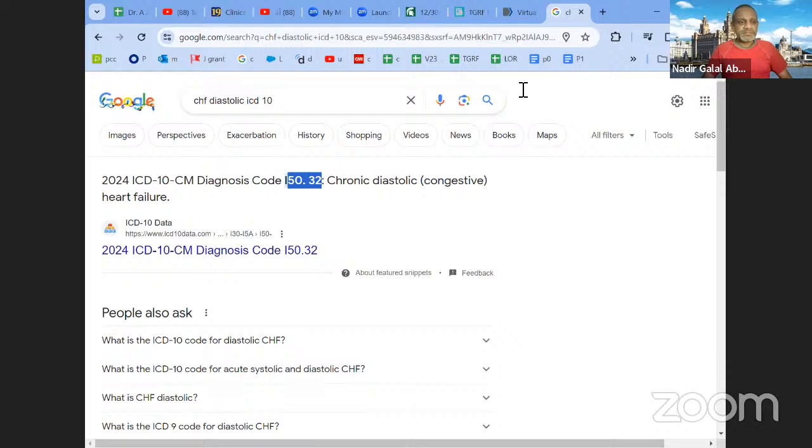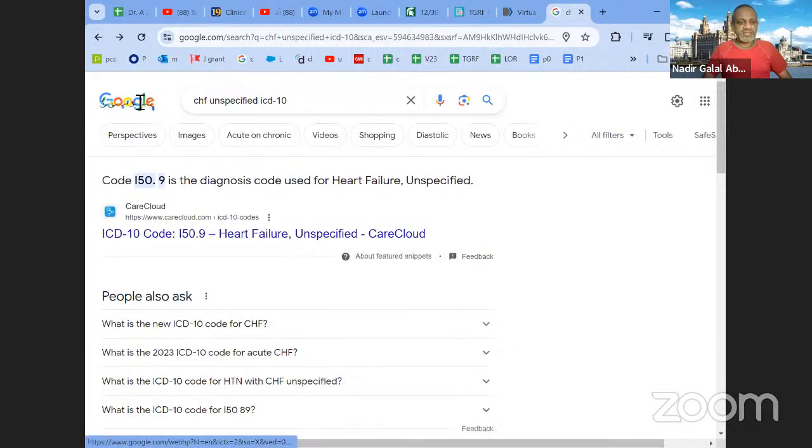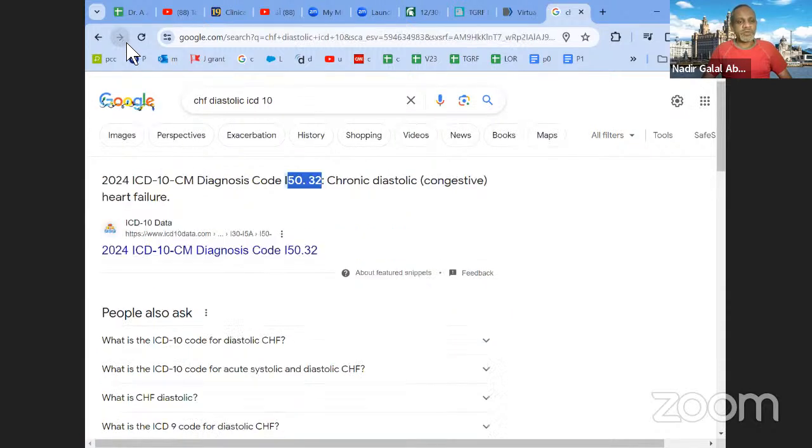You can define it as just, I want this patient to be listed as congestive heart failure. I don't want to specify any type. Is it acute? Is it chronic? Is it diastolic, systolic? So this is the code for that. If I want to go ahead with some specification, then the code will be more detailed.